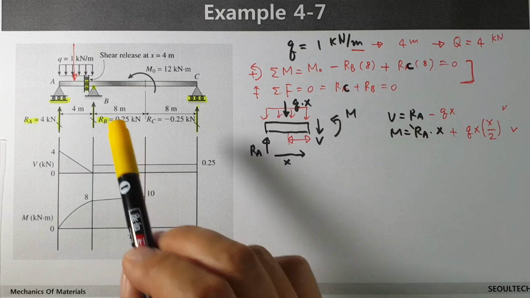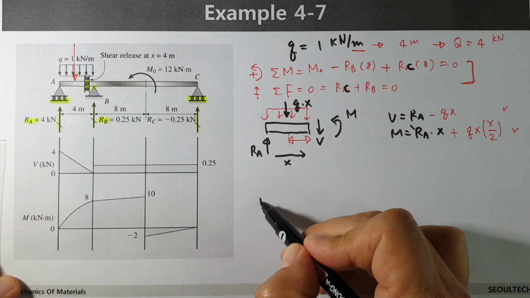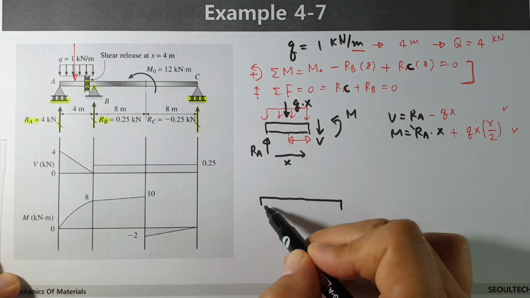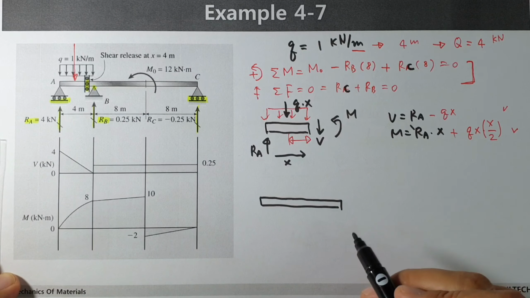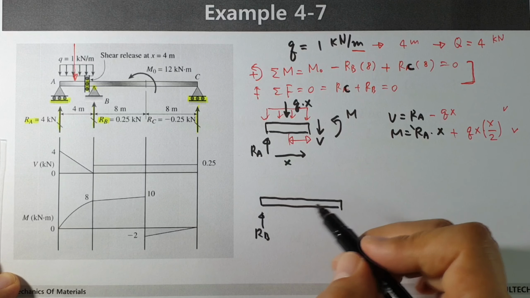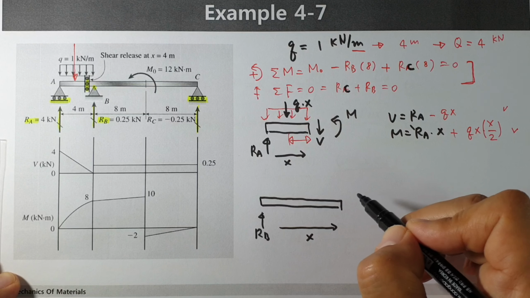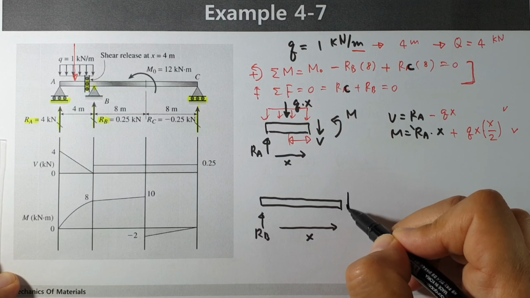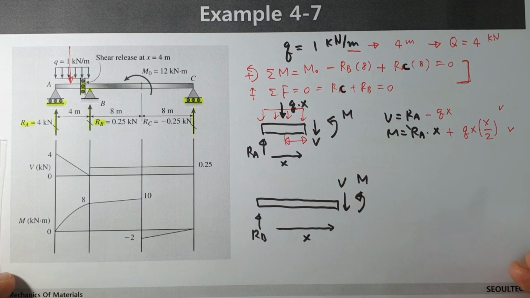Next, let's consider this side. When I draw a free body diagram, in this case, at this point shear force is free, that's why we can separate each other. Then let's say Alp, and let's say this distance is X. Okay, then this kind of one, V and M is considered.